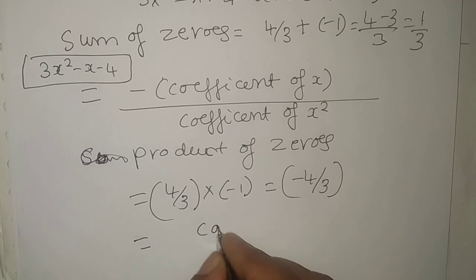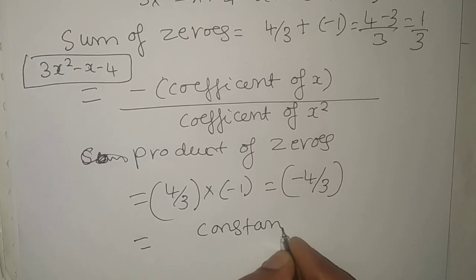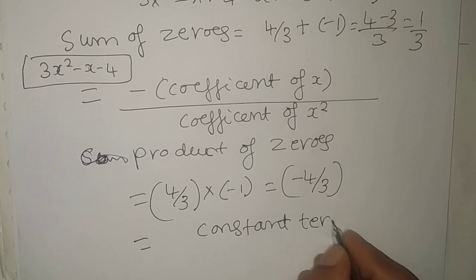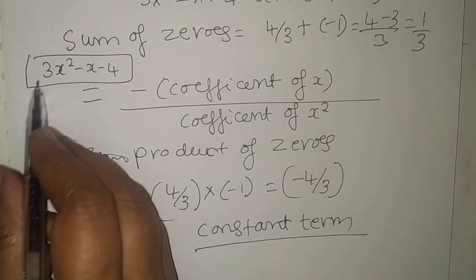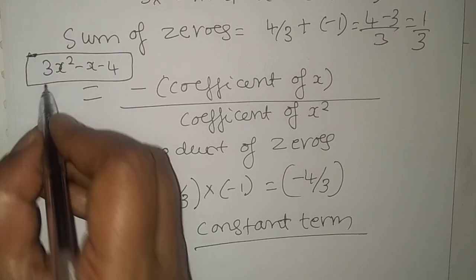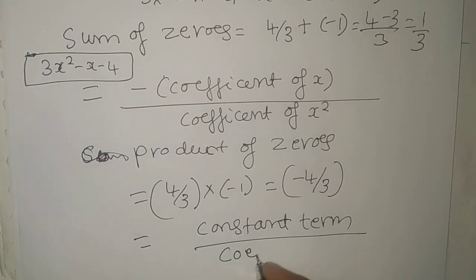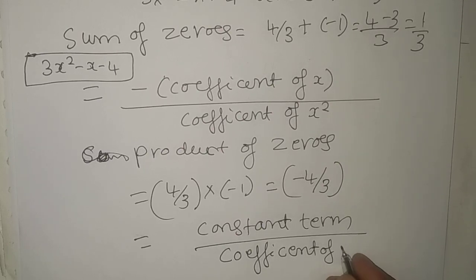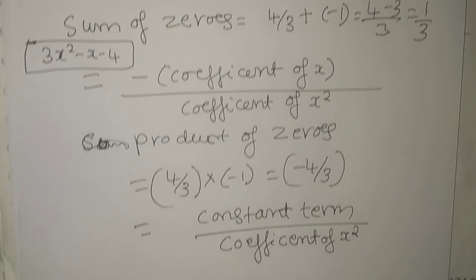That is the constant term, by what is 3 here? That is the coefficient of x square. So this is the solution for exercise 9.2 and the first problem, under which we solved 6 sub-problems.